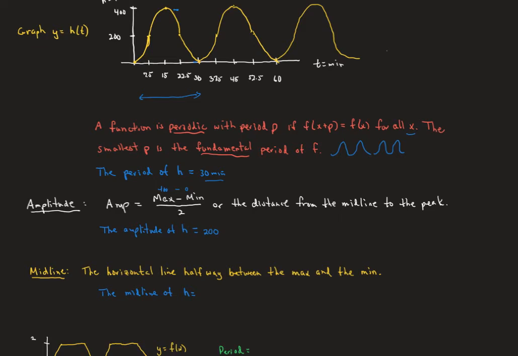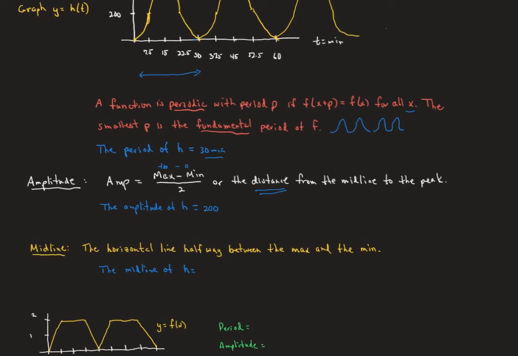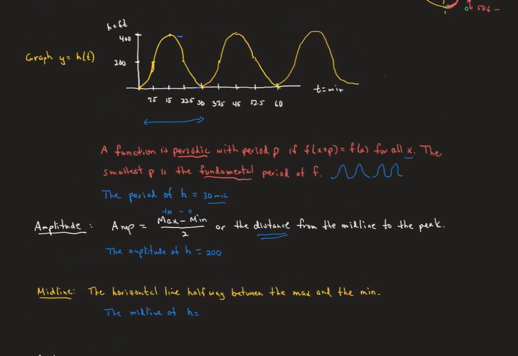Another way of defining an amplitude is as a distance, which means it's always going to be non-negative. So an amplitude is always going to be positive. It's the distance from the midline to the peak. What we mean by the midline is that line that goes halfway between the maximum and minimum.